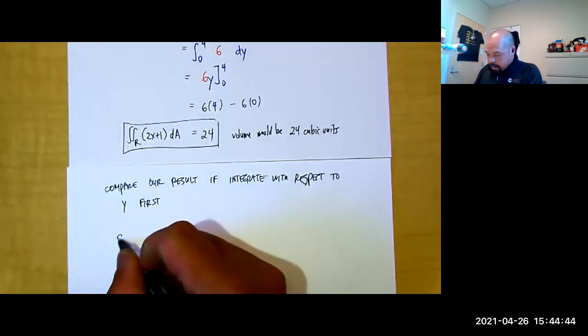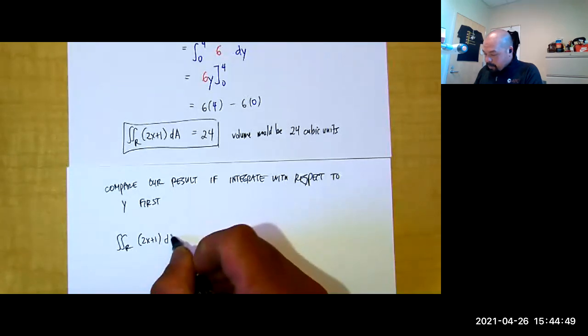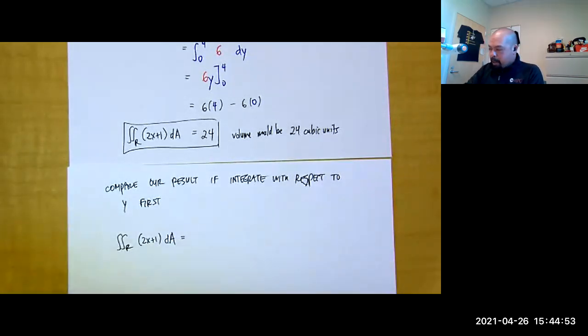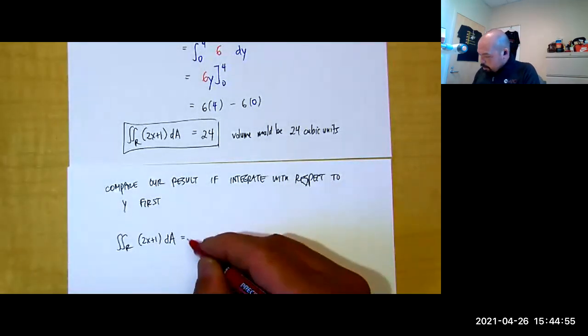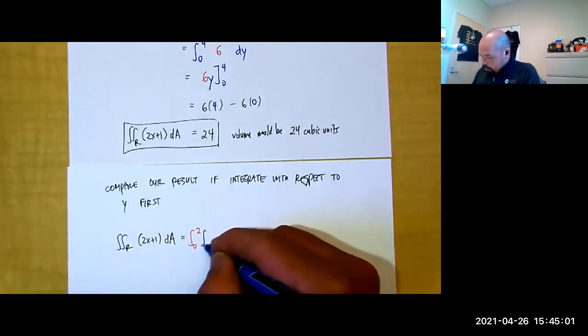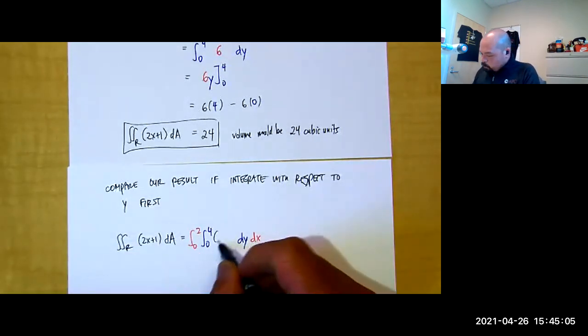Still the same surface, the same region, the same R rectangle, right? But now let's say we're going to integrate with respect to y first. So x is outside from 0 to 2, y is inside from 0 to 4, and the same function, 2x plus 1.